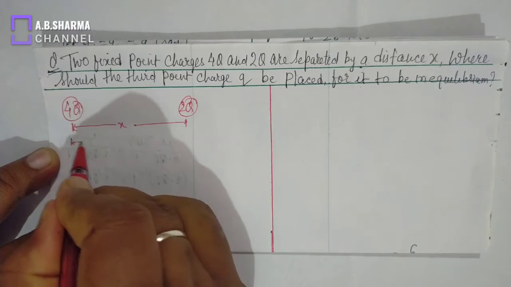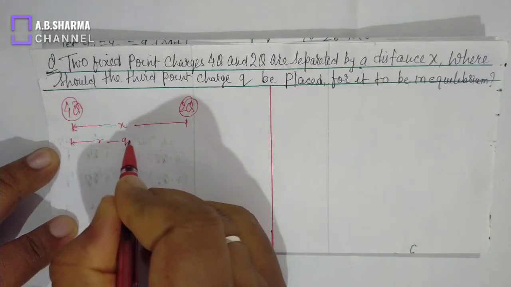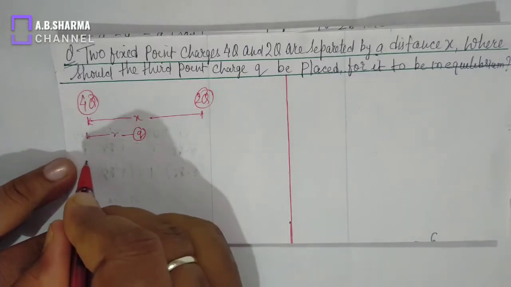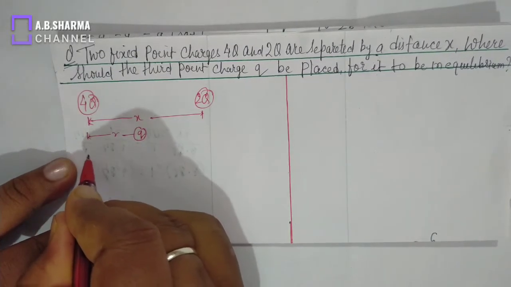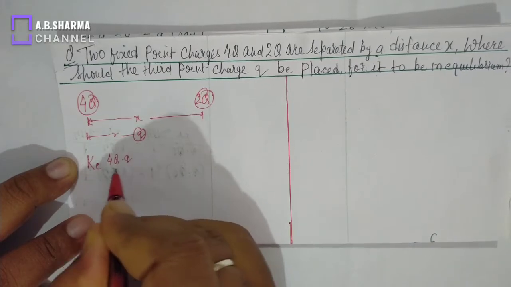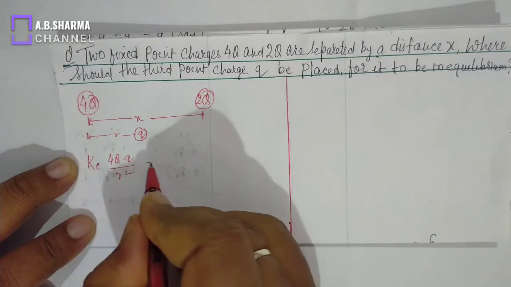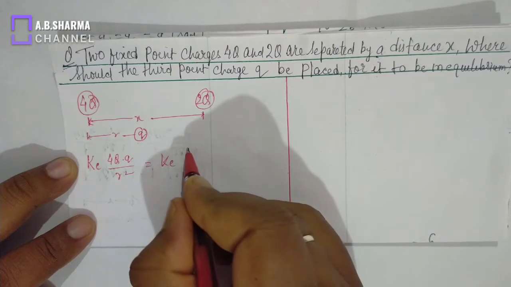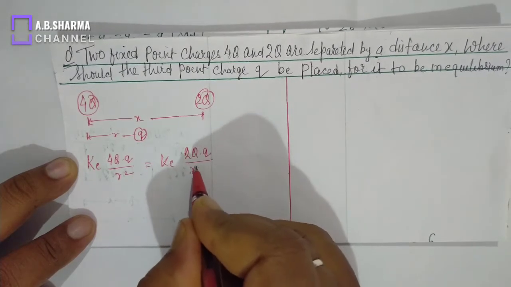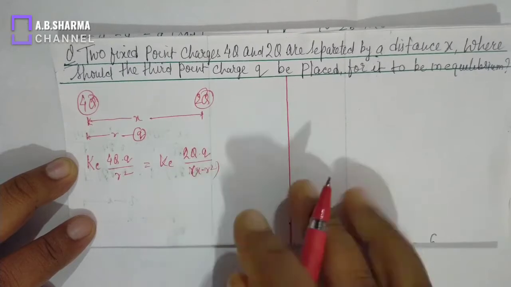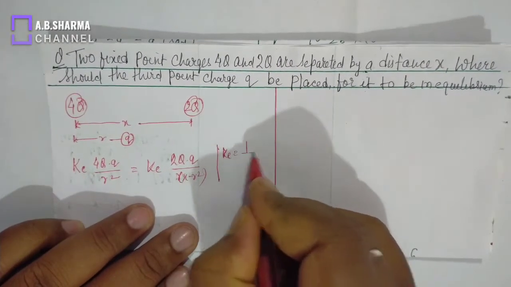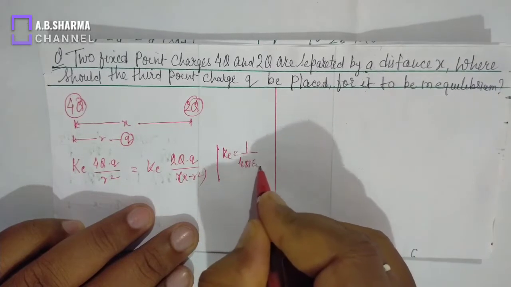So let the third charge be placed at a distance r, and the magnitude of the third charge is Q. Now according to Coulomb's law, Ke 4Q into Q by R square equals Ke 2Q into Q by (x minus R) square, where Ke equals 1 by 4 pi epsilon naught.